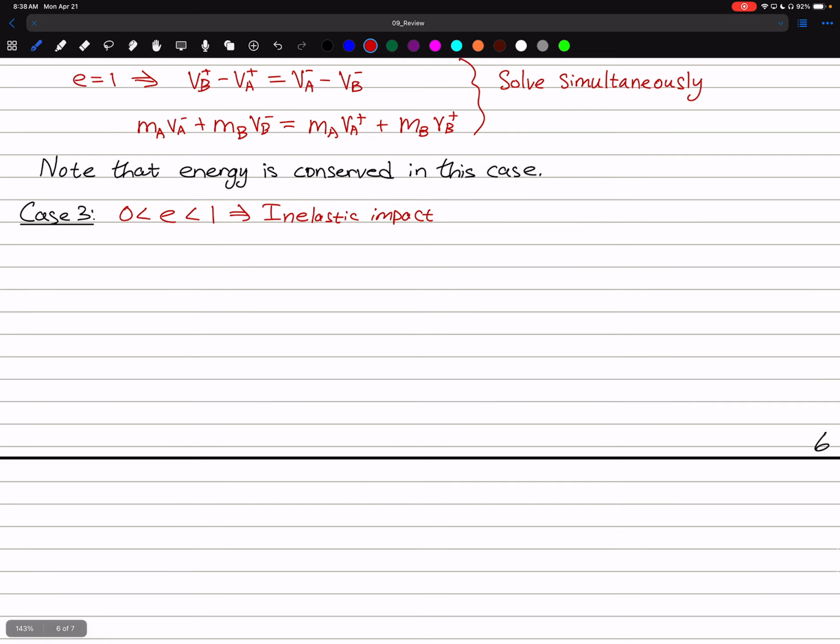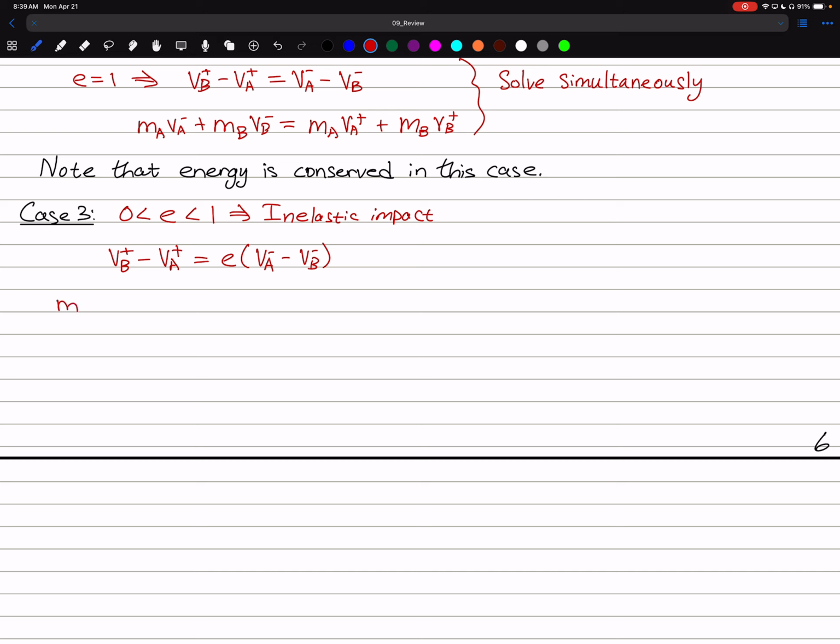We're going to get here that VB⁺ minus VA⁺ must be equal to e times (VA⁻ minus VB⁻). That's our first equation.